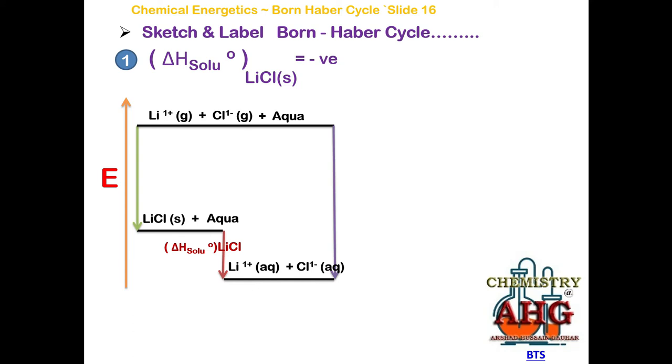Now you can see the difference. The green arrow: when gaseous ions have combined together and have given us a solid ionic lattice, this enthalpy change is known as lattice enthalpy. And remember, if ever instead of some ionic compound you have been given some covalent compound, instead of lattice enthalpy you will label this arrow as bond enthalpy.